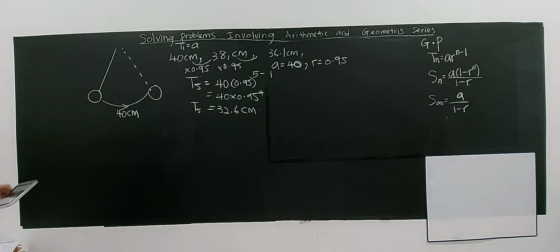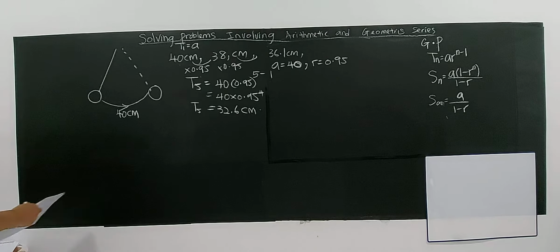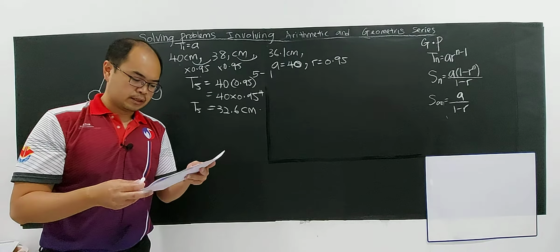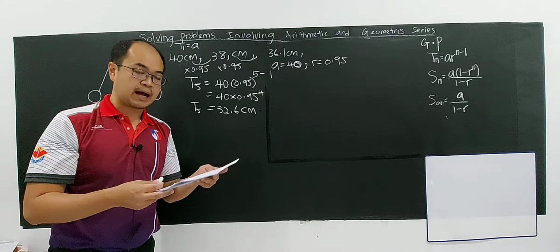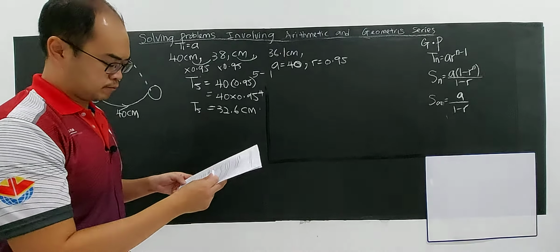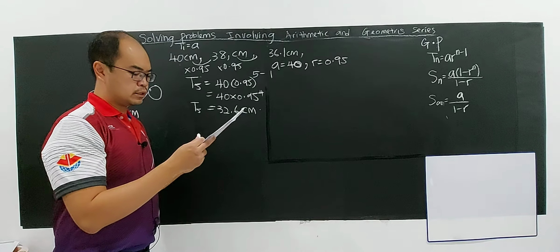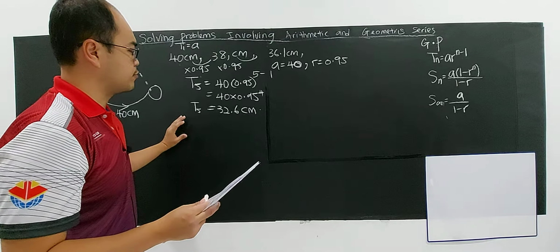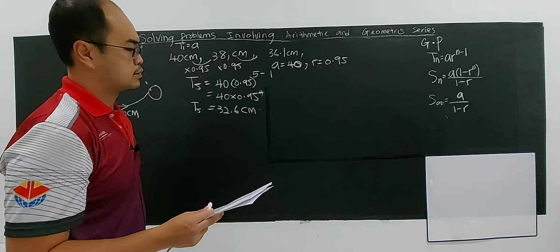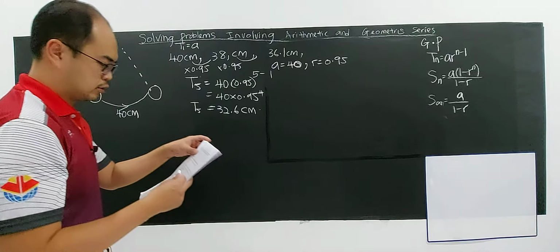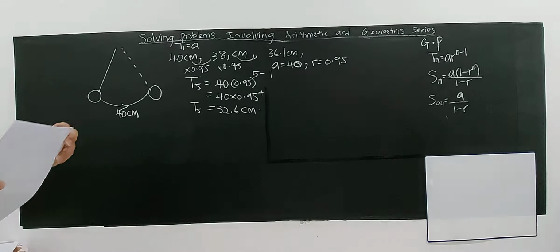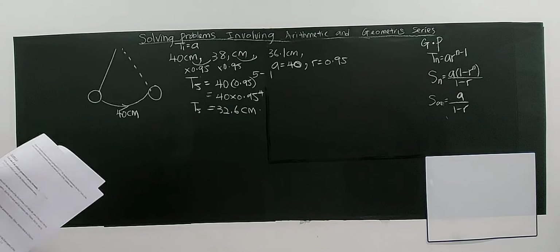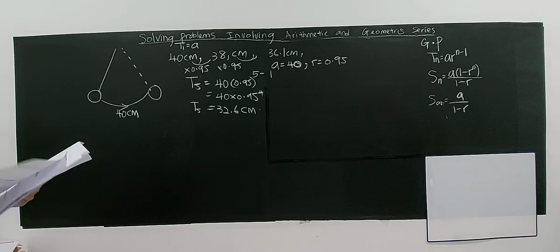So you can answer the question by writing a sentence here. You can say that, therefore, the length of the arc at the fifth swing will be 32.6 cm. Alright? 32.6 cm. So the first part A, I already answered for you.